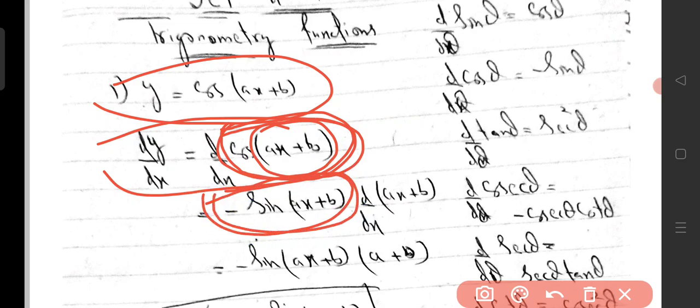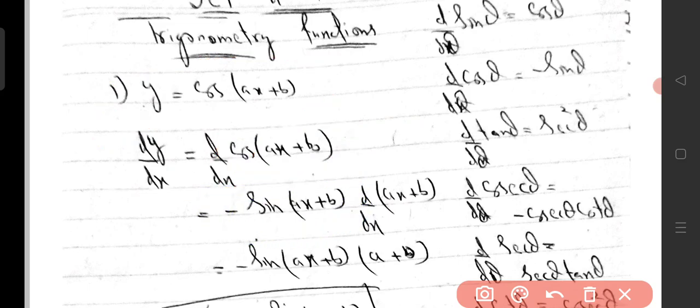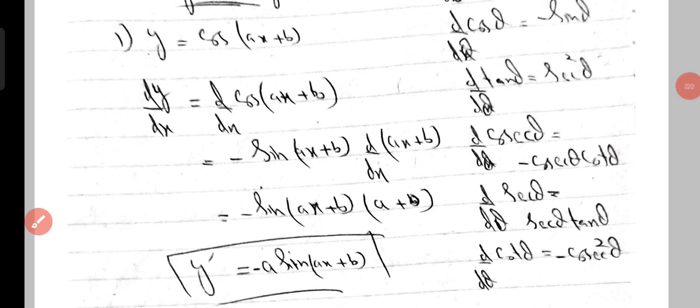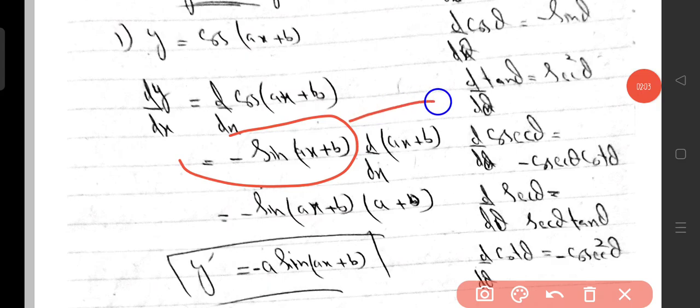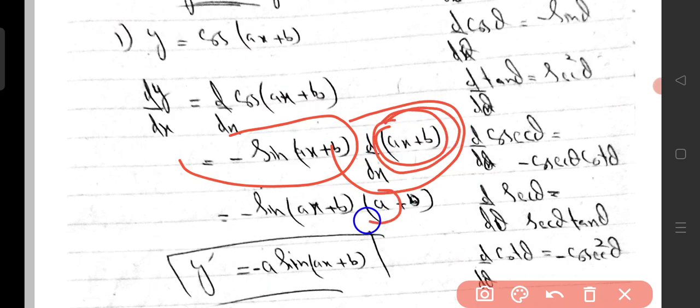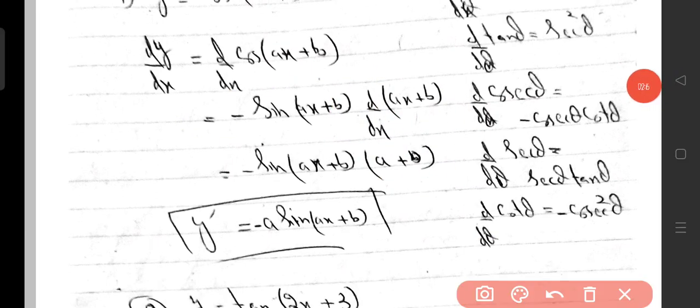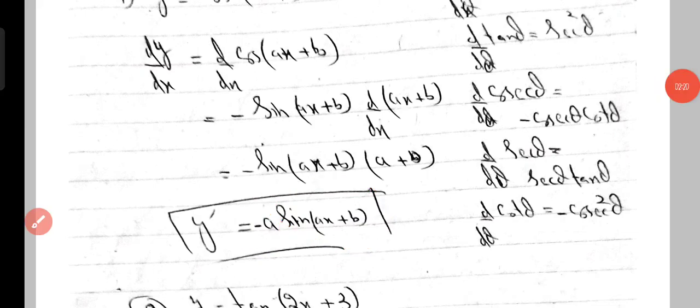So the derivative of cos box is minus sine box, and the derivative of box. The box is ax plus b, so the derivative of ax is a, and the derivative of b is 0. So finally we get minus a sine of ax plus b.